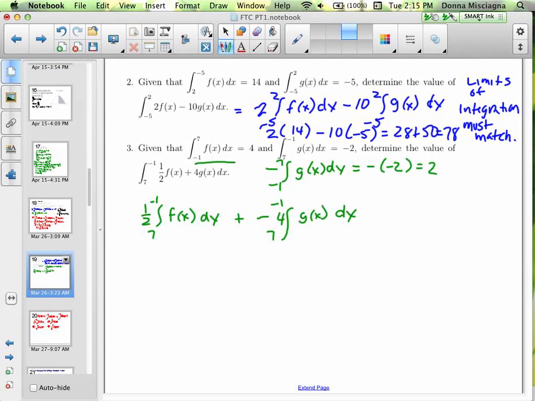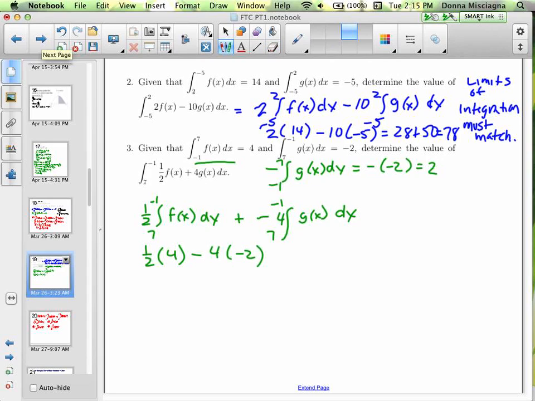So this would give us 1/2 times 4 plus, and let's actually put a minus in there, minus 4 times -2. So we know that's going to end up being a +2 as we wrote up there. But since we've already got the negative in there, let's just leave it with the negative in there.